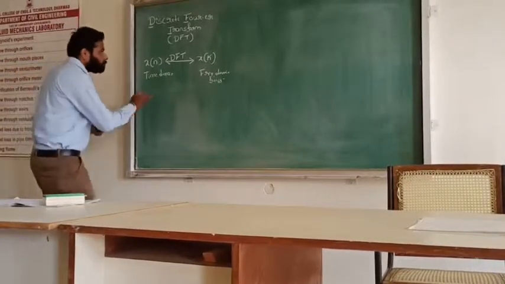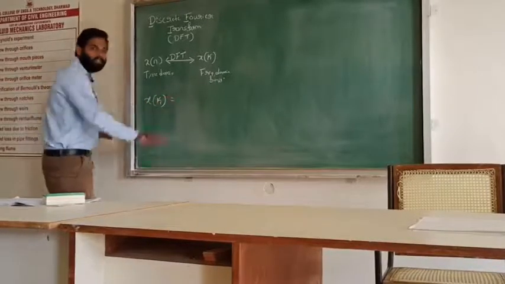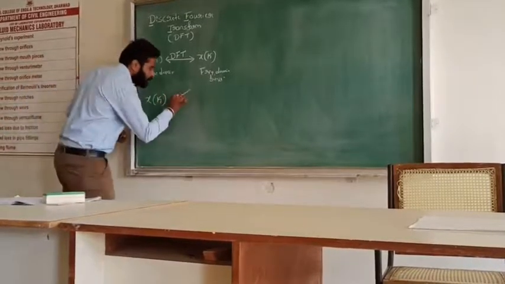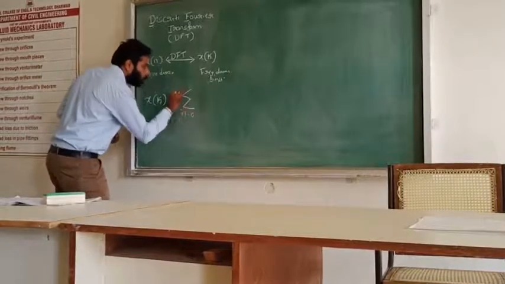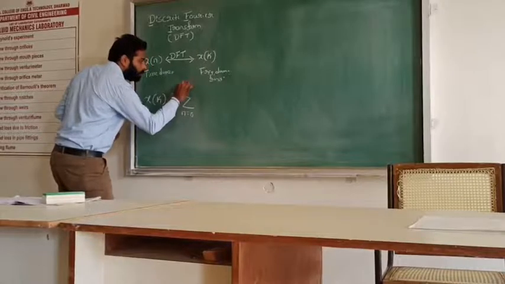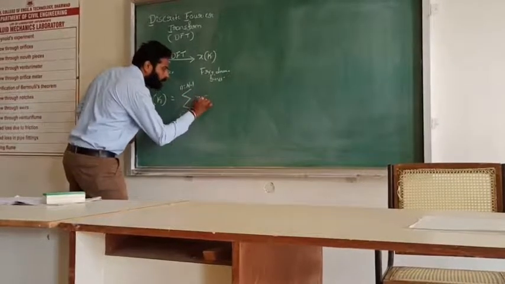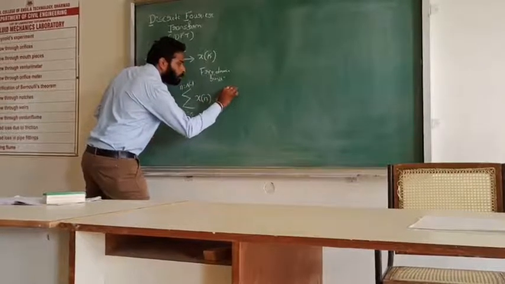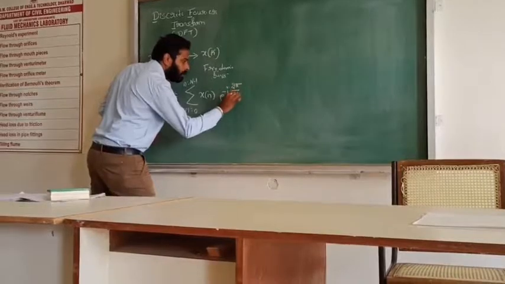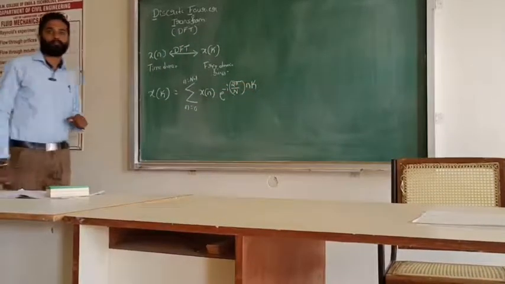Now x of k is given by summation n is equal to 0 to n is equal to capital N minus 1 x of n e raised to minus I 2 pi divided by capital N into n into k.